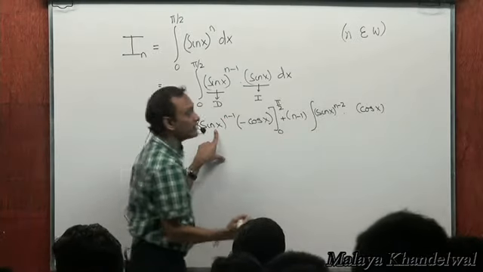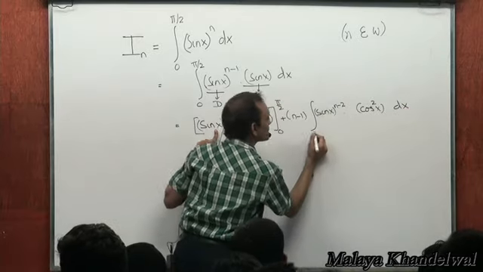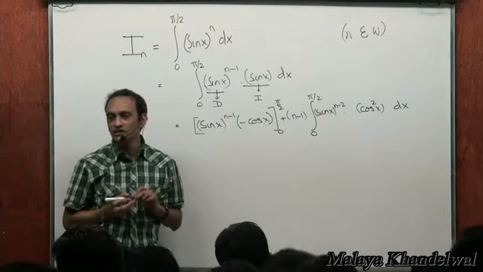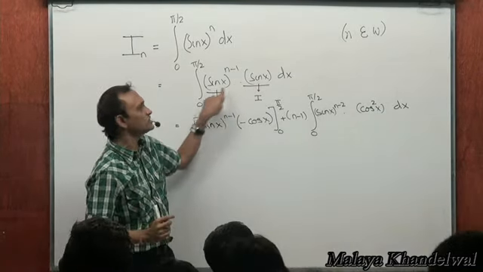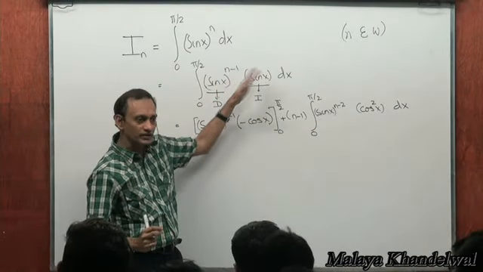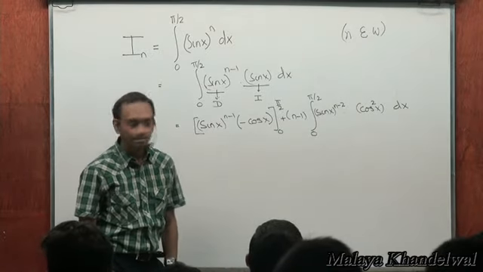So cos x, that will make this cos squared x dx. X runs from 0 to pi by 2. I hope all of you realize what I've done here. Ordinary integration by parts. First function, second function. First function into integral of second function minus integral of second function and derivative of the first function, right?